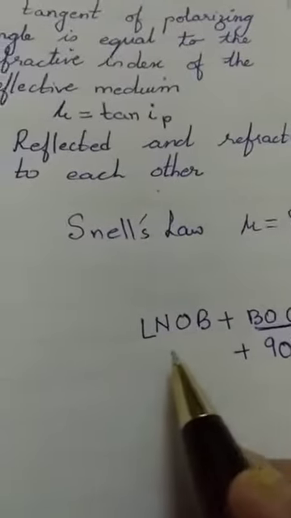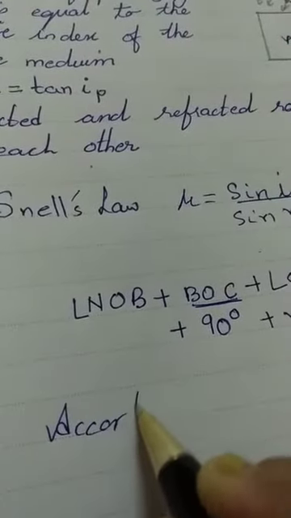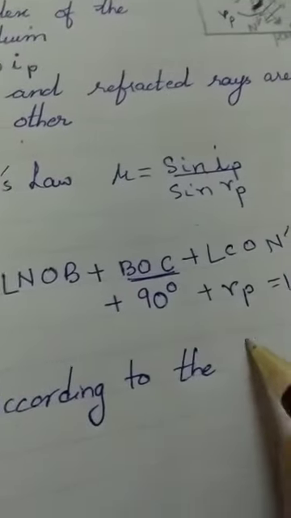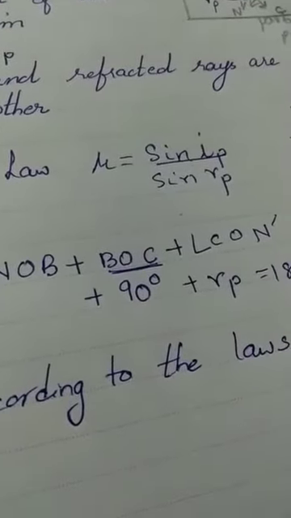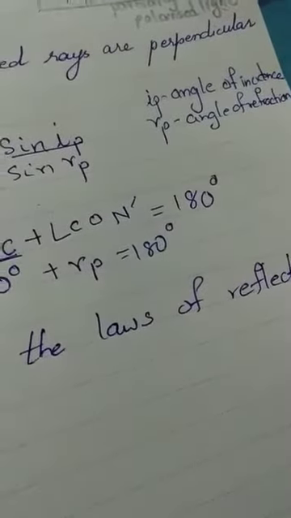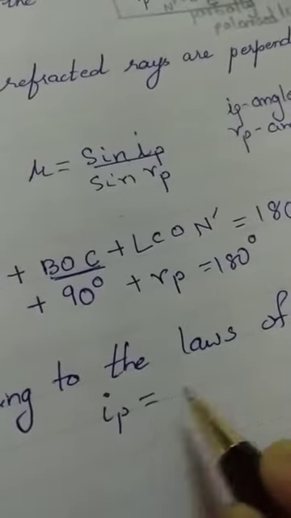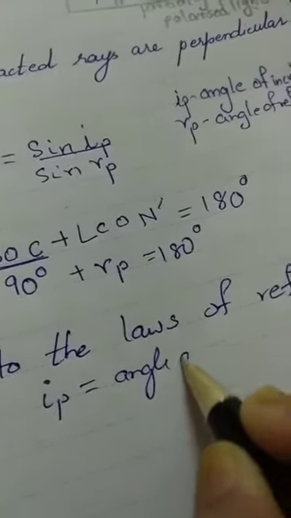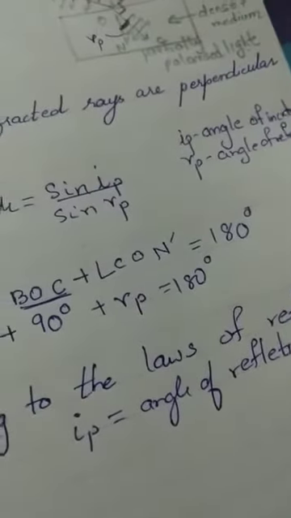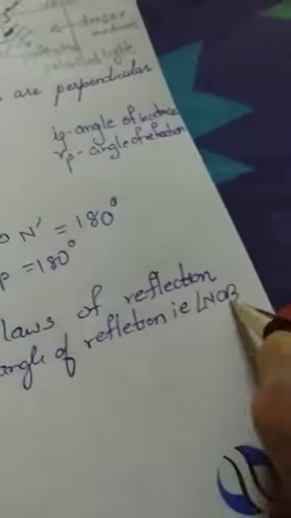Now how will you find NOB? According to the laws of reflection, IP will be equal to the angle of reflection, that is angle NOB.